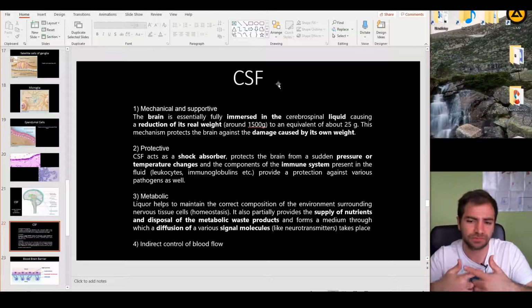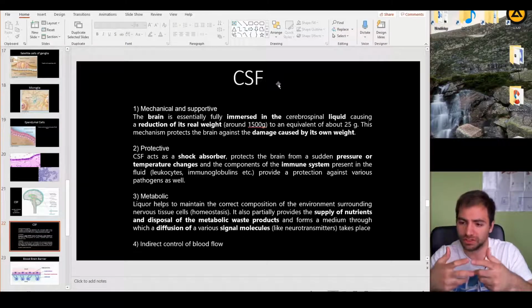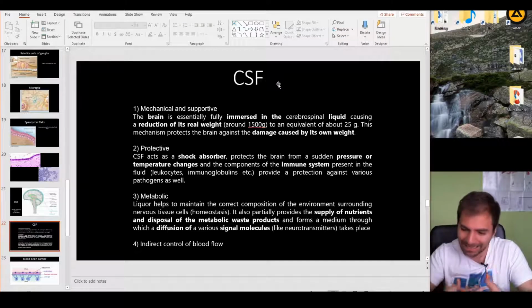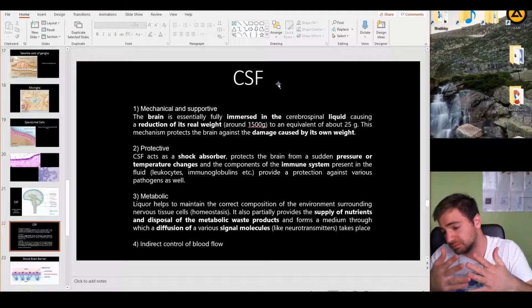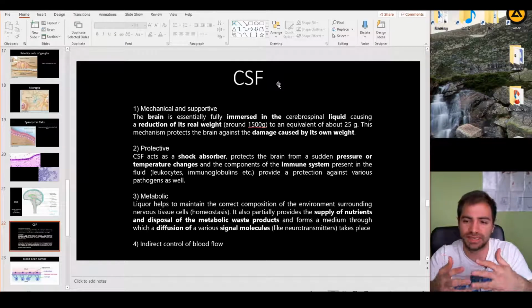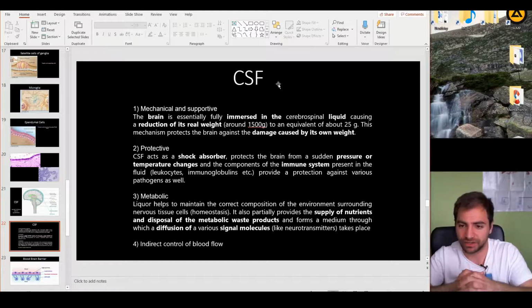This is the medical procedure that simply aspirates CSF liquid from the spinal cord, and we can analyze the components and, depending on the results, confirm or reject a possible infection. So this is a very important thing to mention, absolutely.